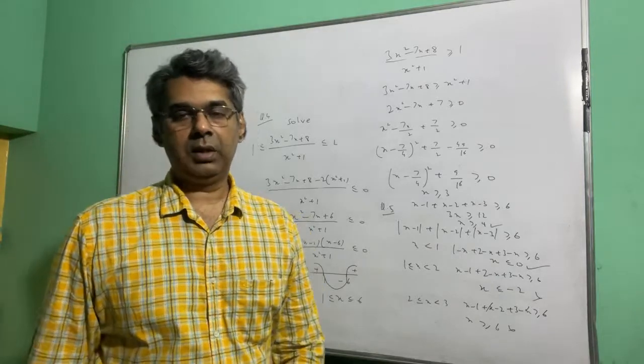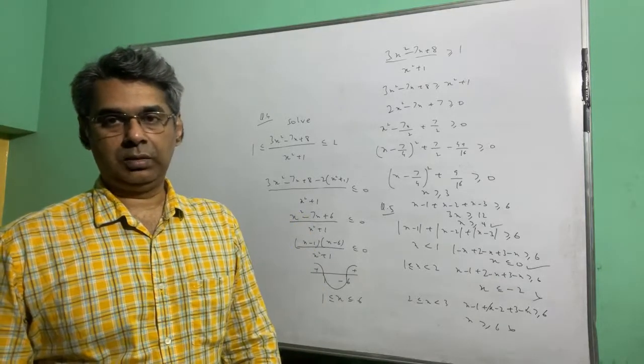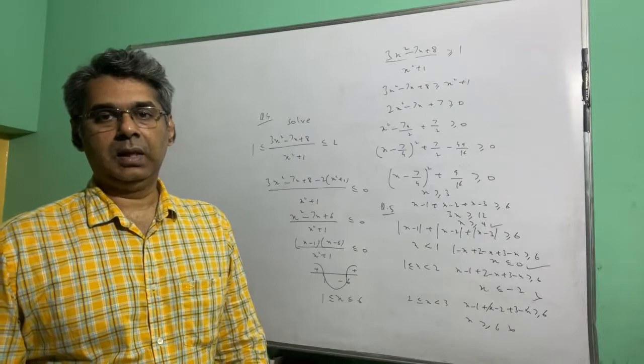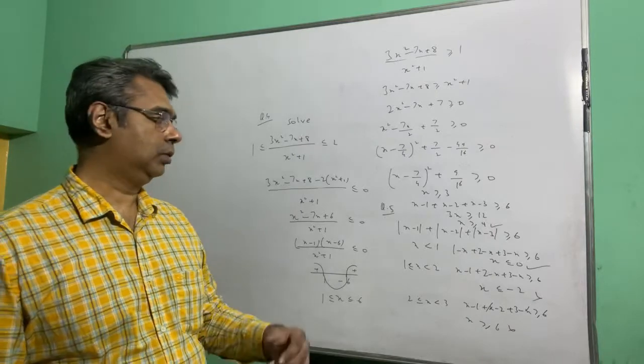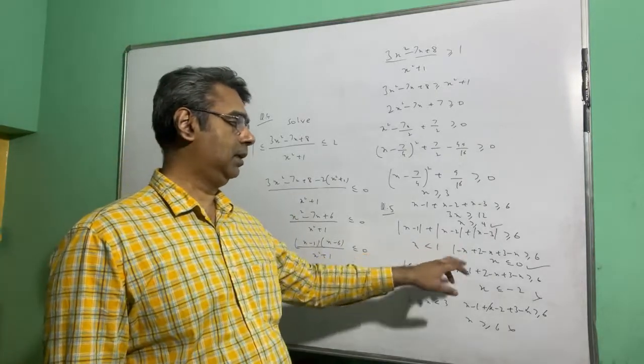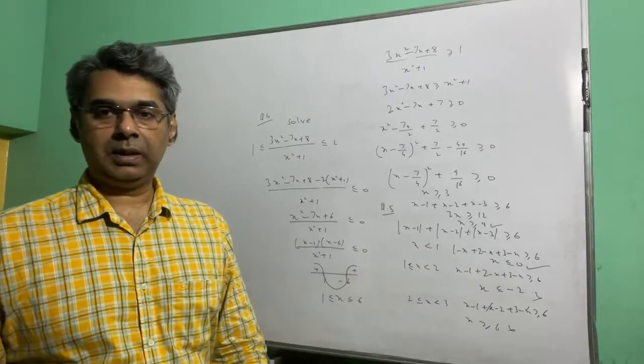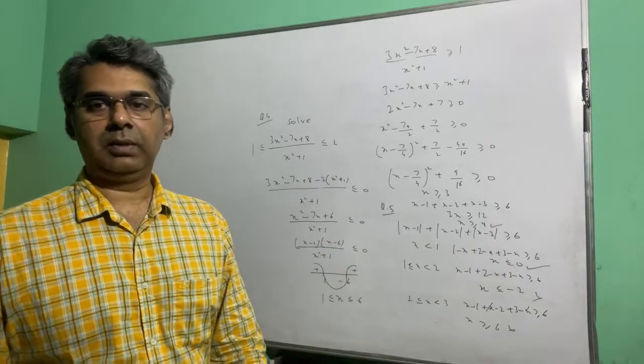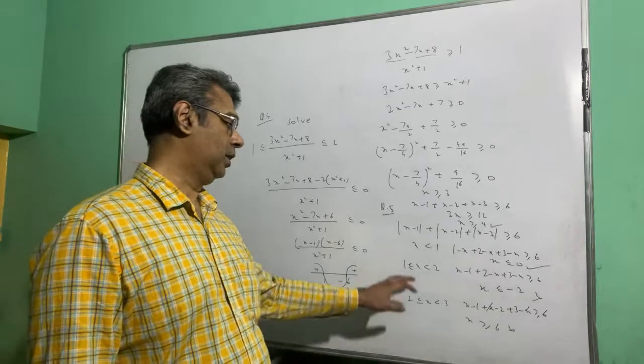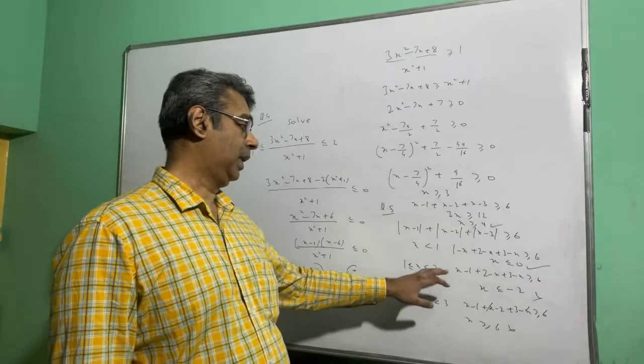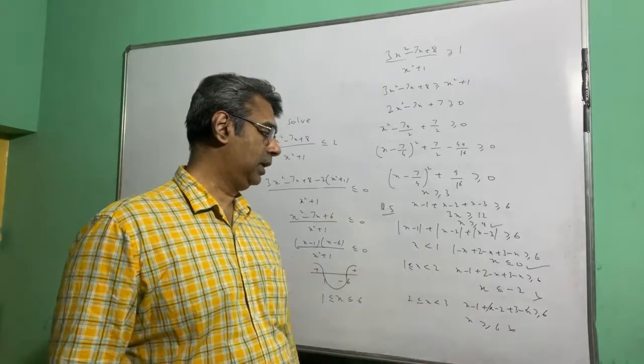So remember, for modulus inequality, there is no other way to do it. You have to take intervals, because when you look at any modulus, the answer of that will either be the number inside the modulus or negative of that number, so that will depend on the interval. So you have to take all possible intervals, and for every interval you will get an inequality answer.